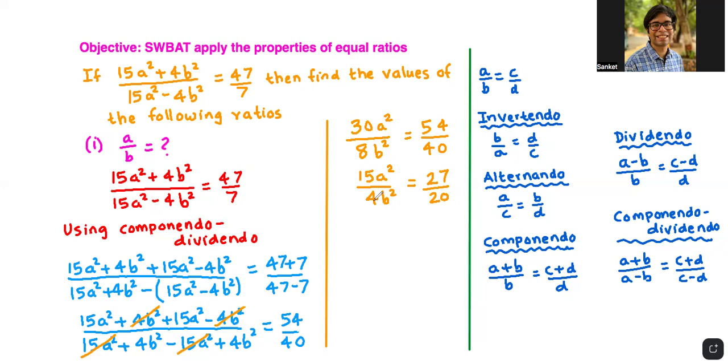I take 4 and 15 on the other side of the equation. 27 multiplied by 4, 20 multiplied by 15.